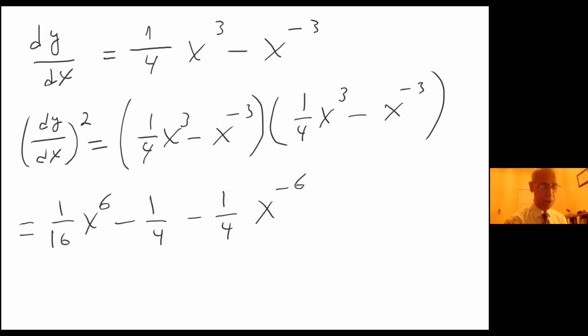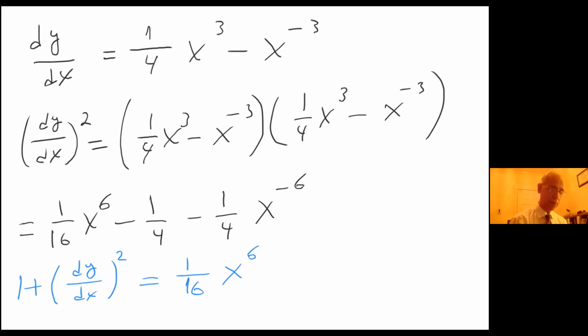So that is my (dy/dx) quantity squared, and I'm interested to know what is 1 plus (dy/dx) squared. So if I add 1, I get 1 over 16 x to the power of 6.